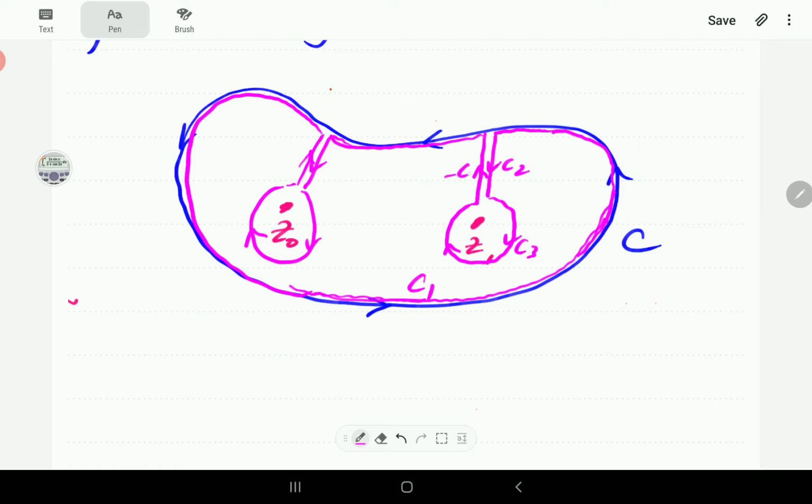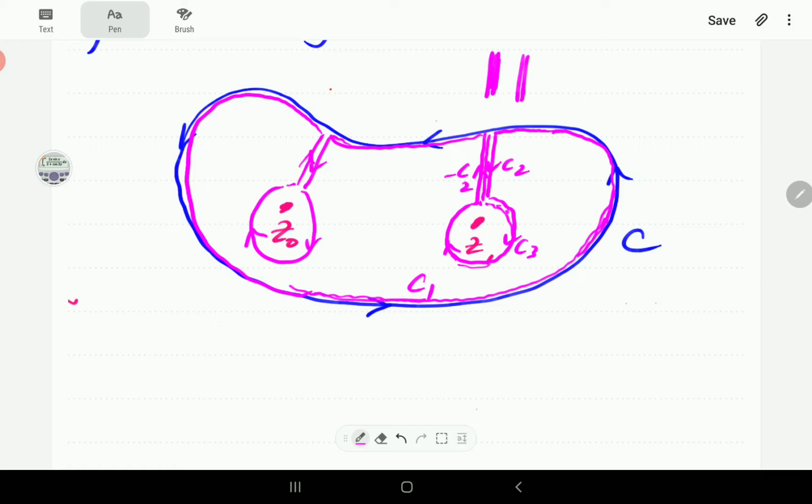This is going to be just negative of C2, because we're going to imagine that these two are so close to each other that one is the same going one way and the other is the same going the other way, so that this is literally a closed contour there around Z1, the same there.